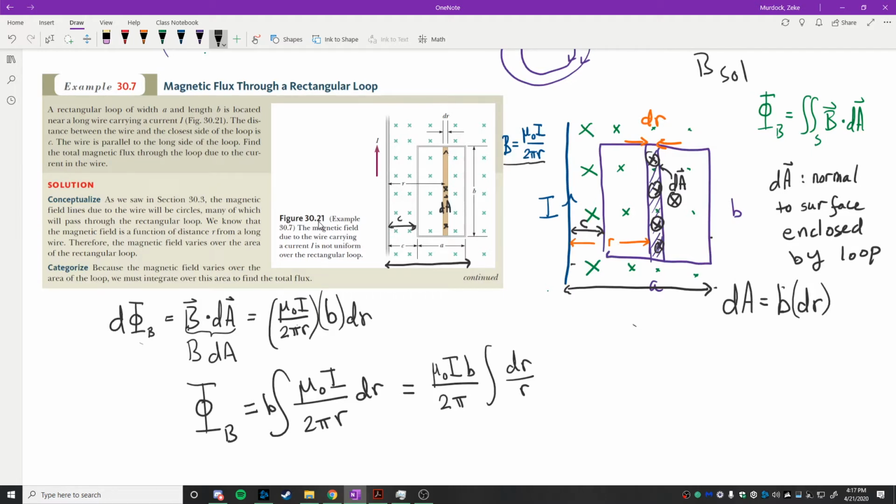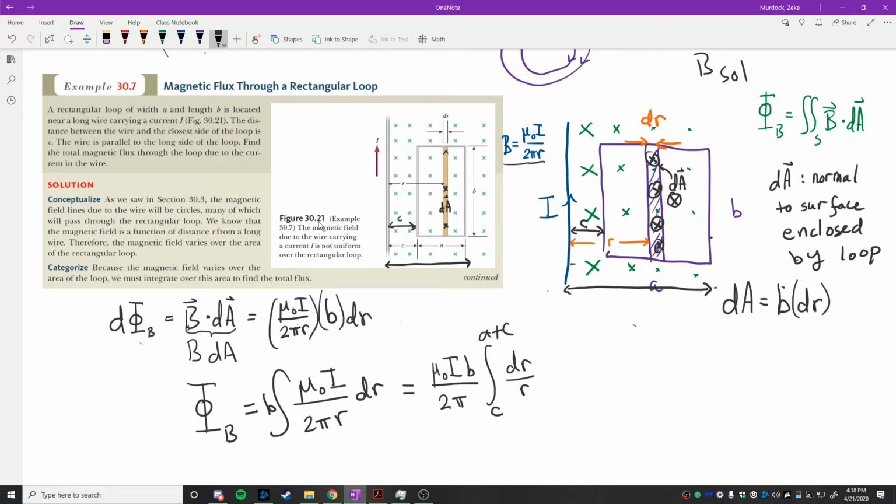What's this distance from here to here on the bottom? A minus c? Typo? A is this. C is this. So it's A plus C. And I would argue that the limits would be C to A plus C.